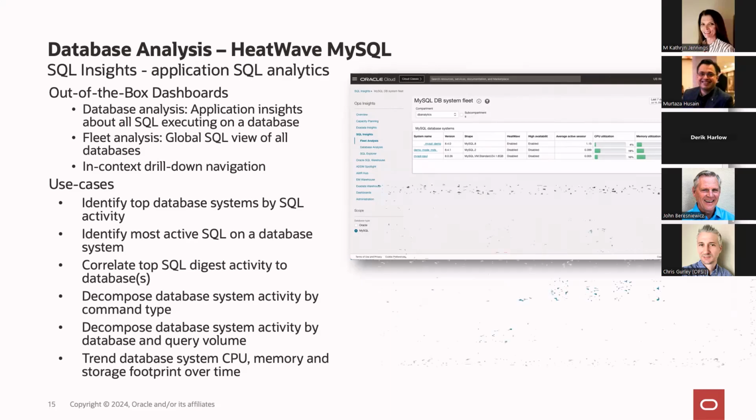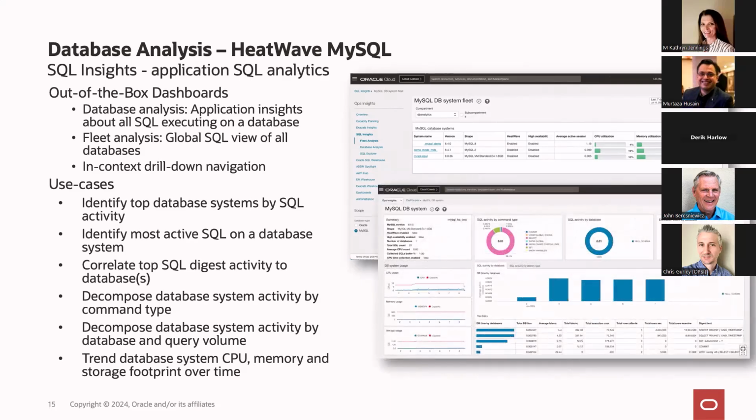A user can click on the system name, and that leads you to a MySQL DB system level page that gives you more insights around that database instance, looking at some of the SQL activity by command type, database type, executions by database, similar to what we show for Oracle databases.